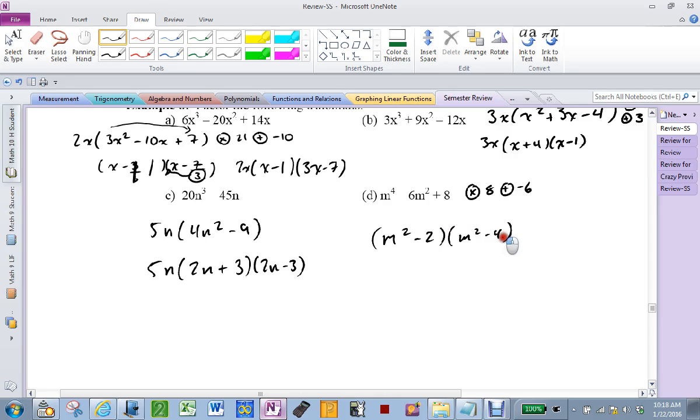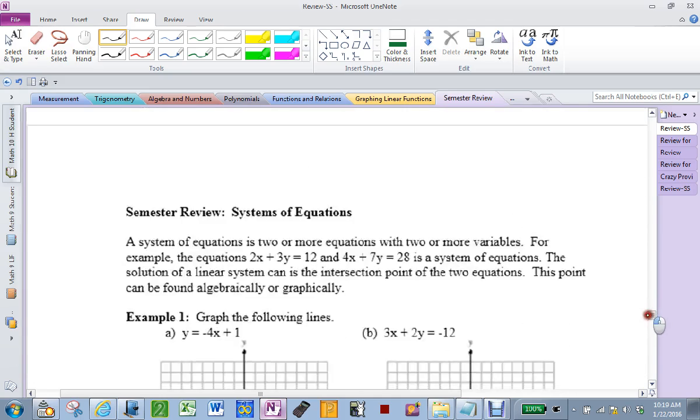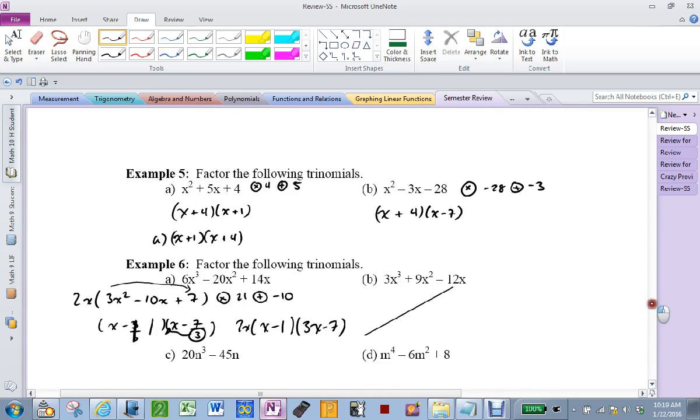Nope. Why? There's a perfect square right there. m squared minus 2, m plus 2, m minus 2. Cool? Everyone's okay? Okay.